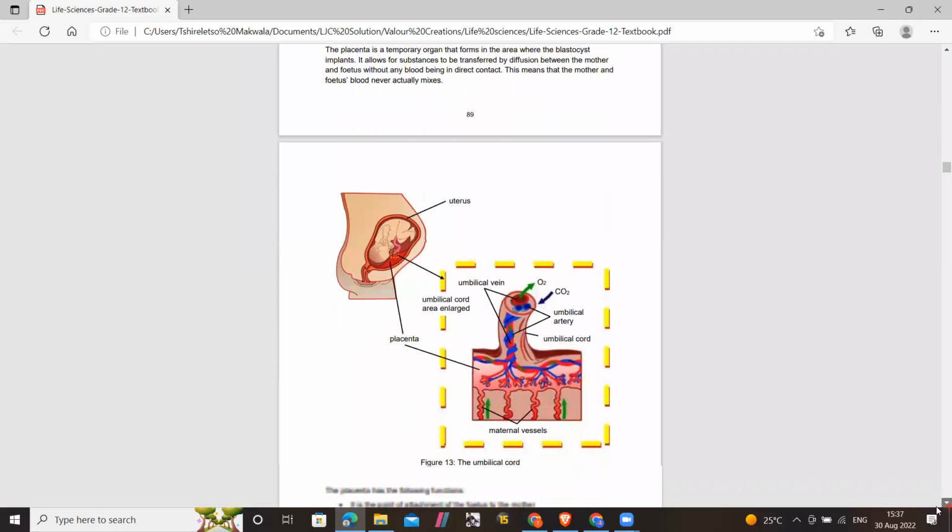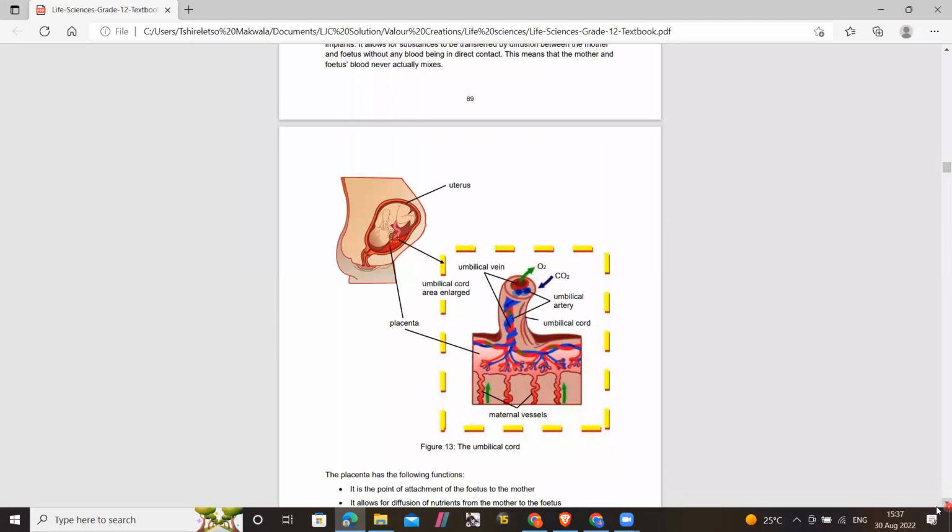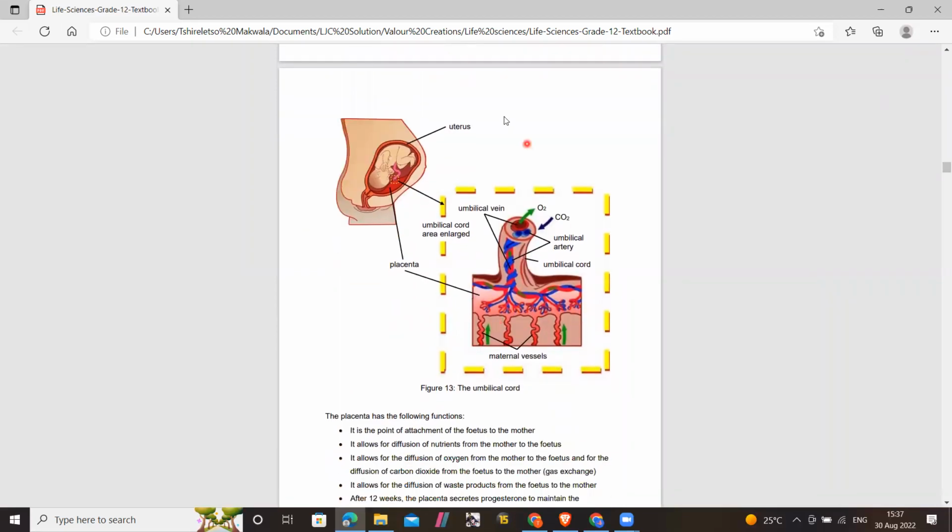This just explains the process of diffusion. What's very important to note is that the mother and the child never share blood. That's why you can have a child that has a different blood type than you, because the mother's and the child's blood will never mix.